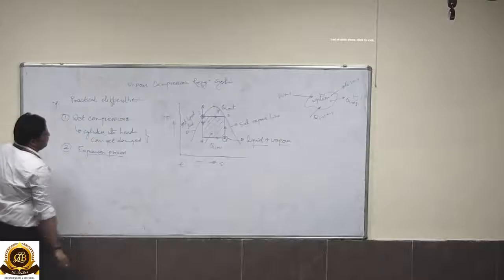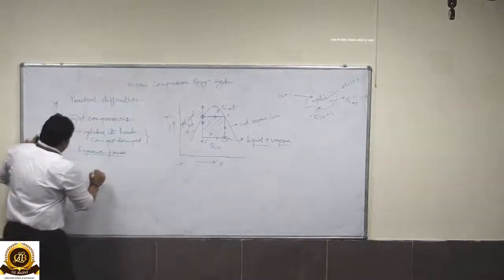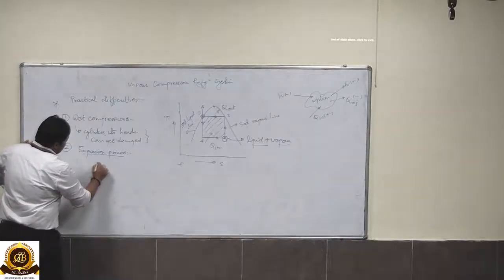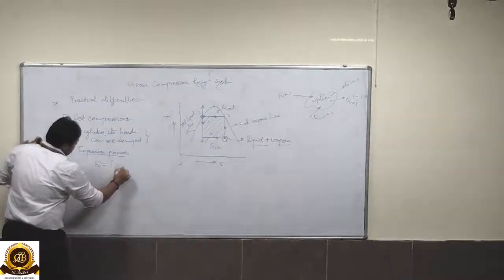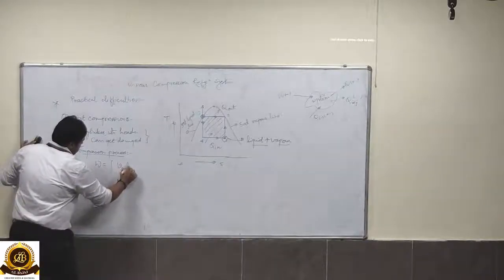So when the expansion process takes place in the turbine, we know that for a turbine or for an open cycle, the work is given by the integral of VdP.